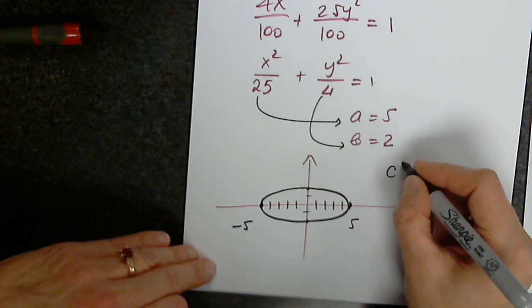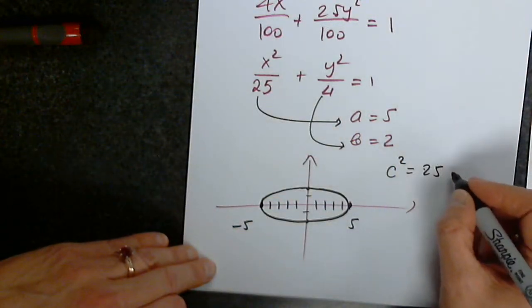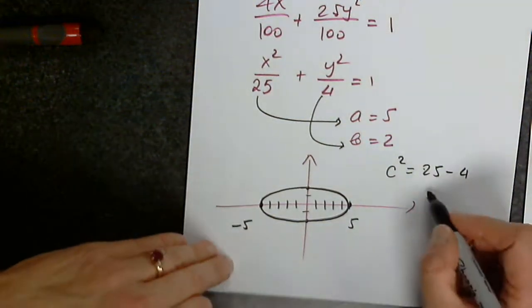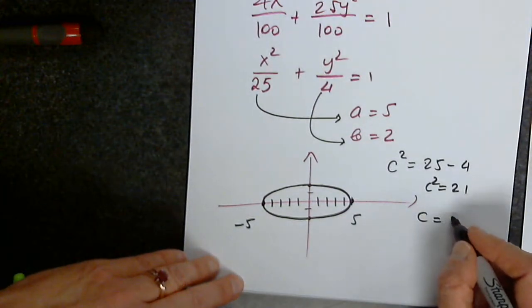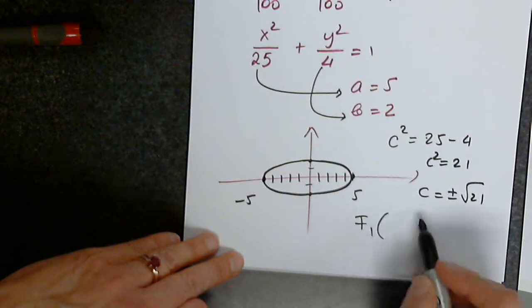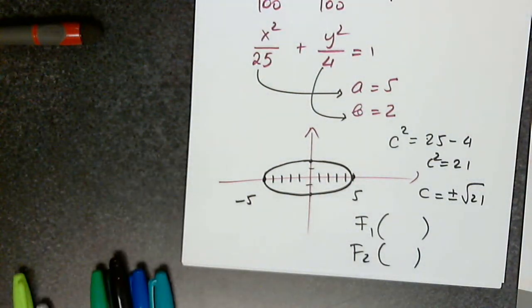So now I have to determine c squared, which is, in this case, 25 minus 4. So c squared equals 21. When I take the square root, I get this. And since F1 and F2 will be on the x-axis, can anyone give us the coordinates of F1 and F2?